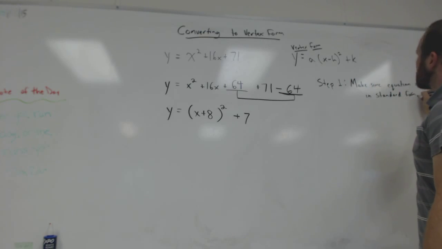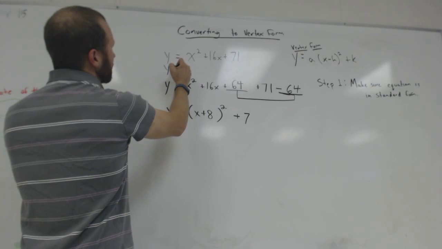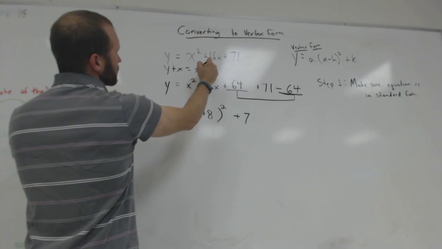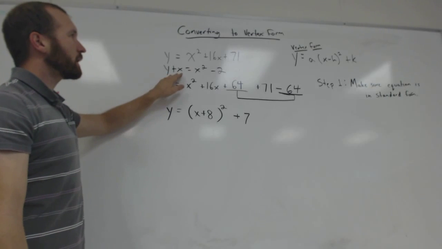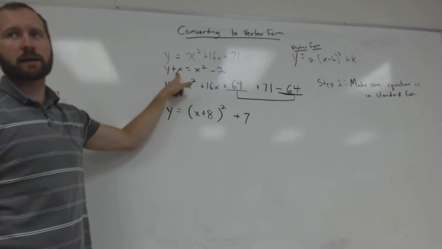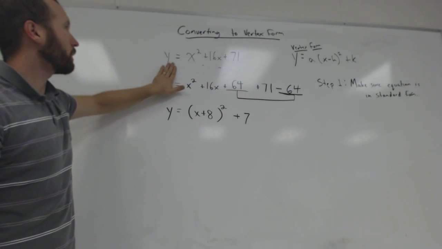Occasionally, you'll see an equation that has like y plus x equals x squared minus 2. The first thing I would do here is subtract the x over to make sure that it's in standard form.